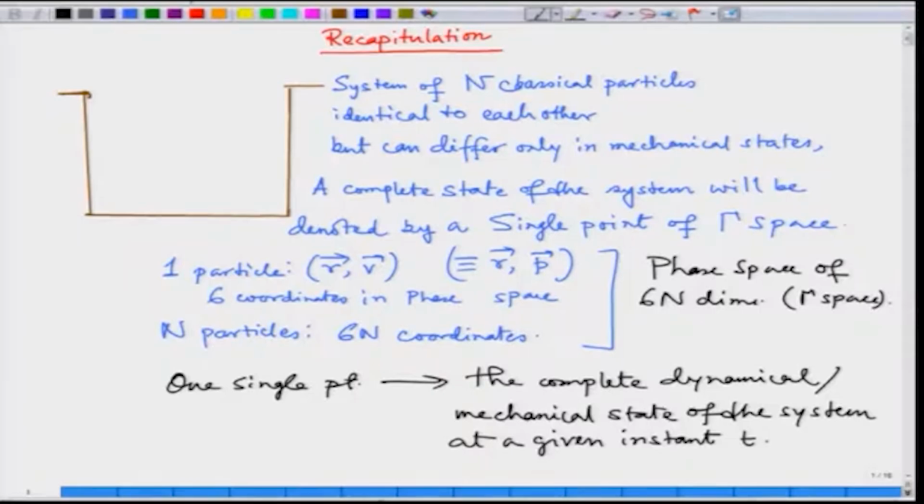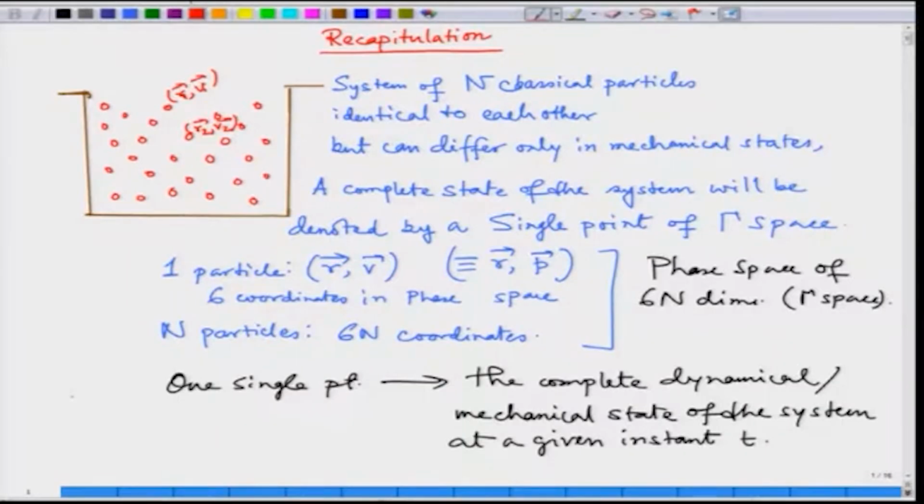Then, if you assume all the particles are classical particles and at some time t you take a snapshot, each particle will have some r and v, let us say ri, vi; this particle will have r1, v1, this can be r2, v2, for example.